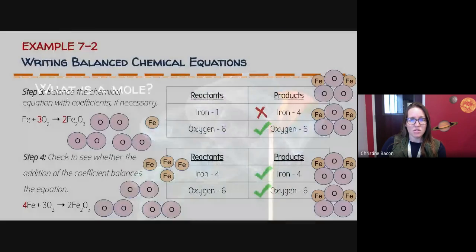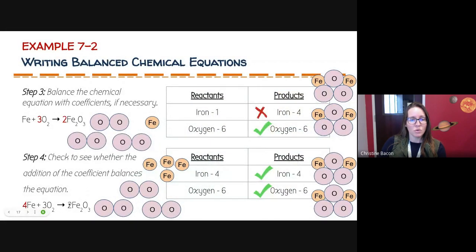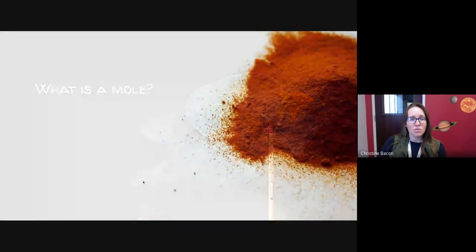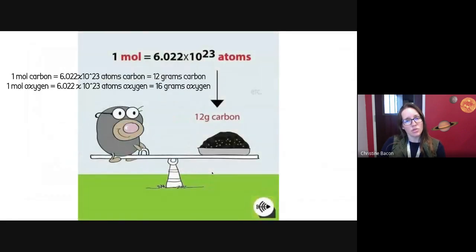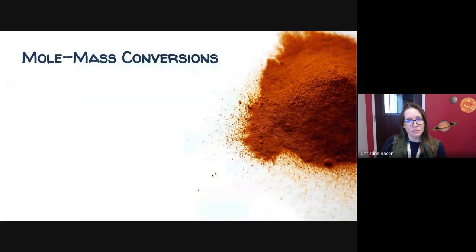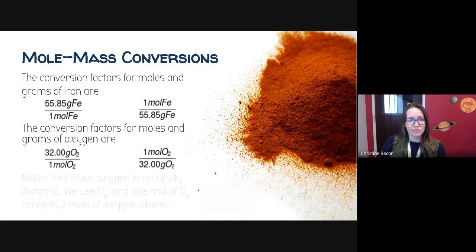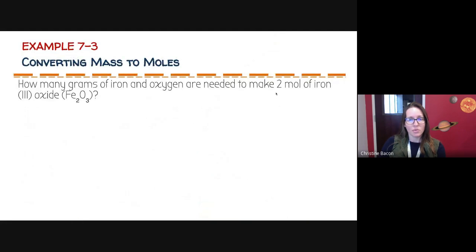this page. All right, remember we had 2 molecules of iron oxide here, okay? 2 molecules of iron oxide. So when it asks us how many grams of iron and oxygen are needed to make 2 moles of iron oxide, it just means that we have 2 molecules of iron oxide.